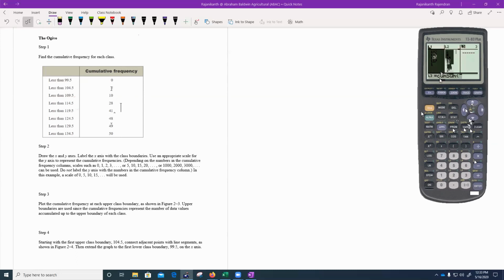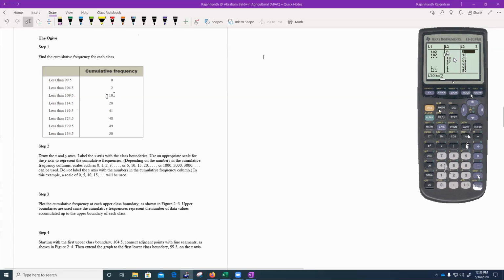So we are going to set L3 as the cumulative sum of my frequency values, which is L2. So I'm going to enter L2 there. That means automatically it will calculate your cumulative frequency by using the frequency from L2. So just enter. You see now it's automatically populated from your frequency.